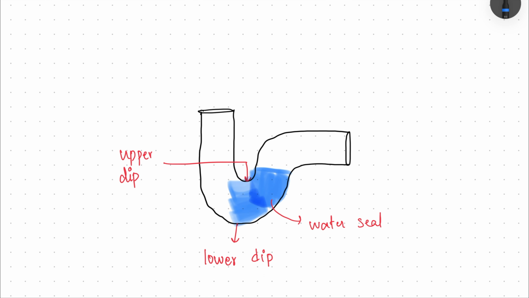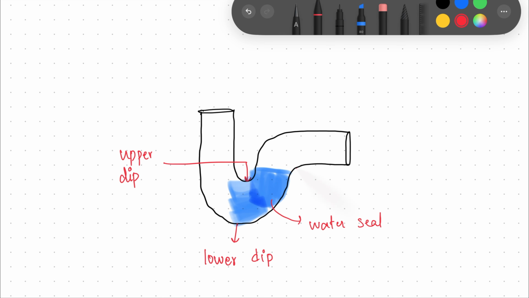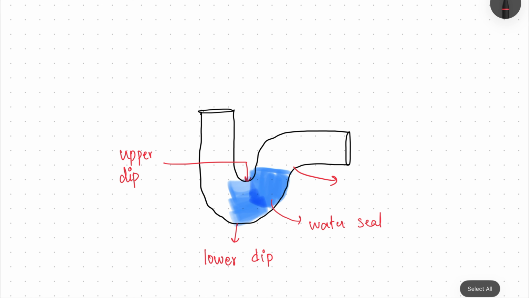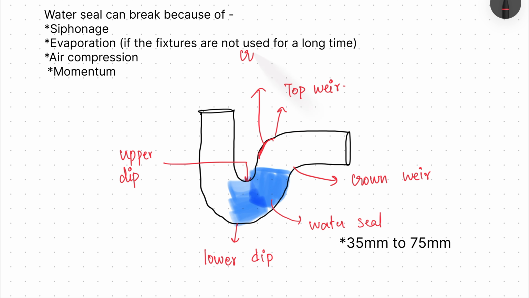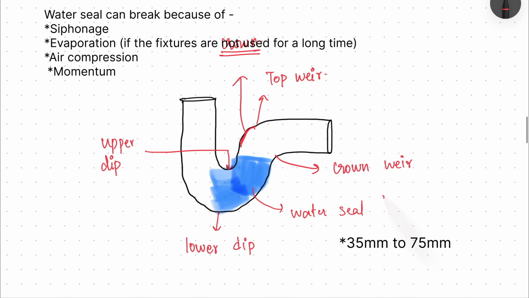Then this lowest portion which goes out is called the crown weir, and this is called the top weir. And this curve, that is called your crown. And usually the water seal is 25 to 100 mm in depth.